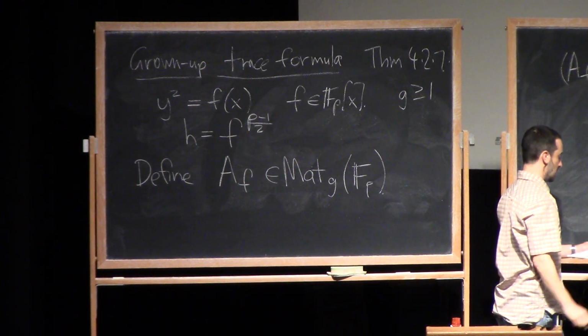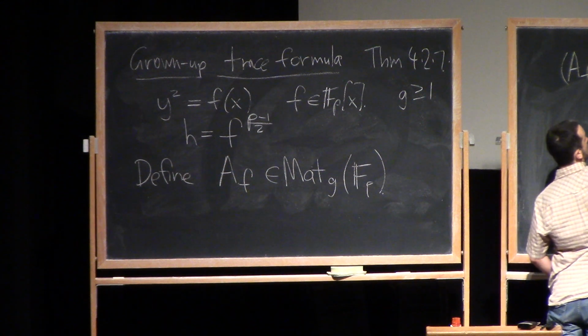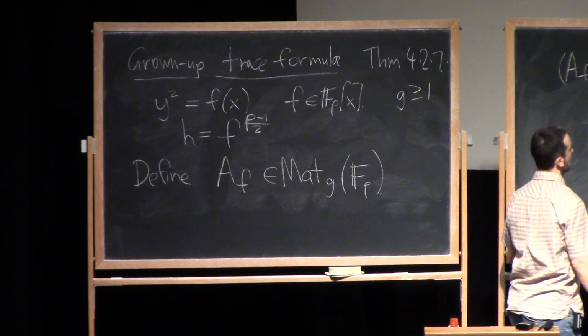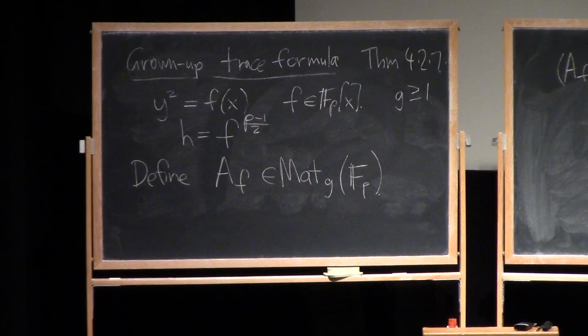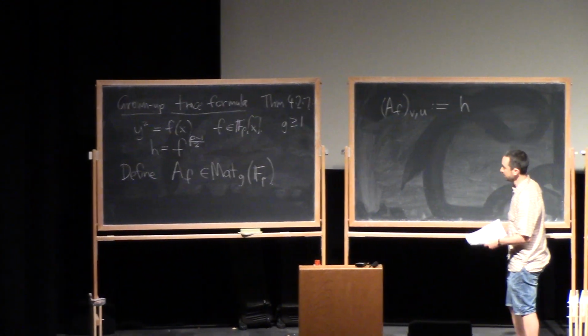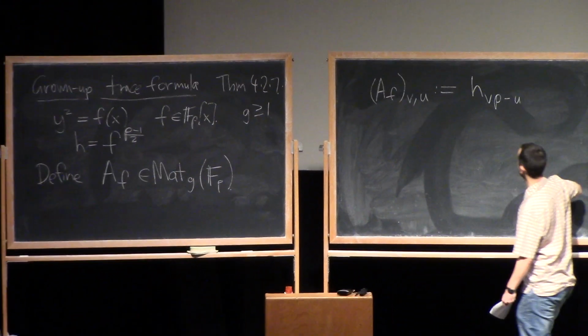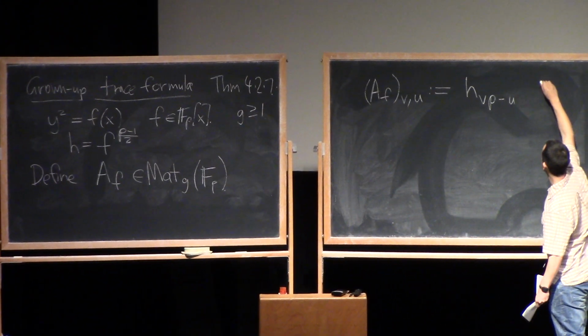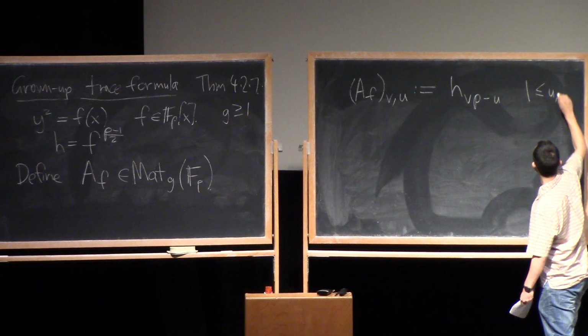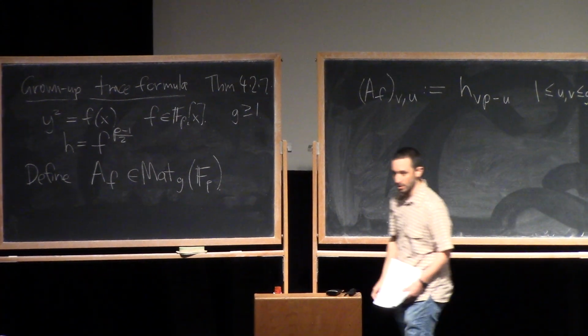If I take the entry in the vth row and uth column, this is given by a certain coefficient of h. It's the coefficient of x to the vp minus u, and this is for u and v between 1 and g.